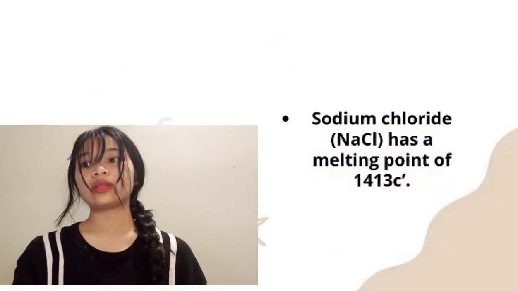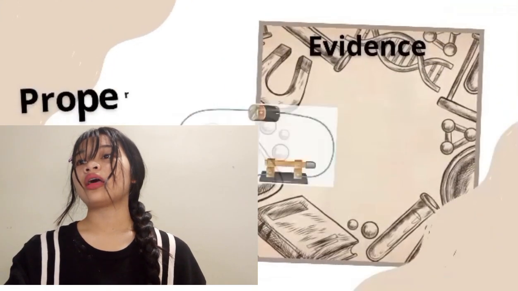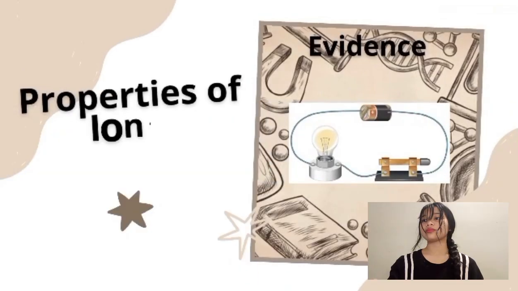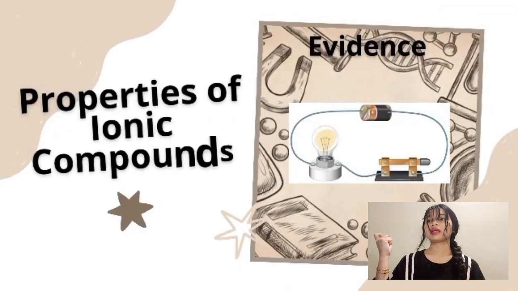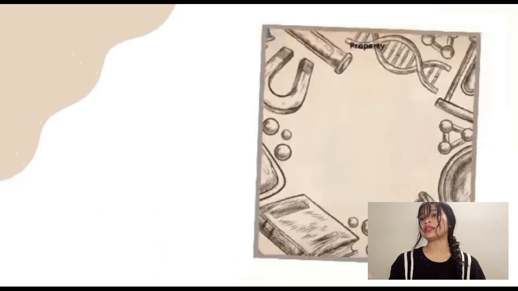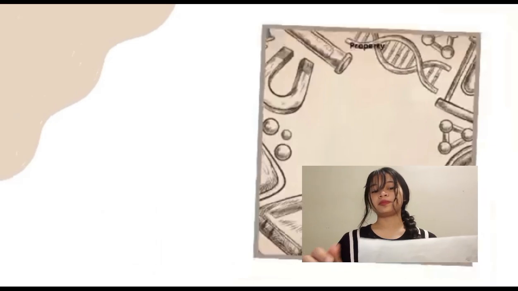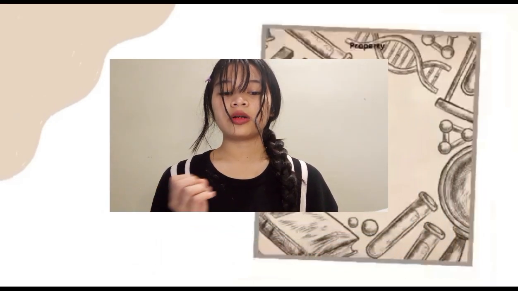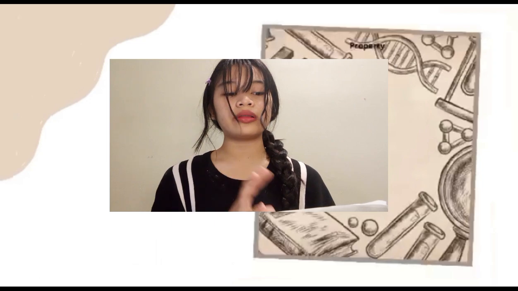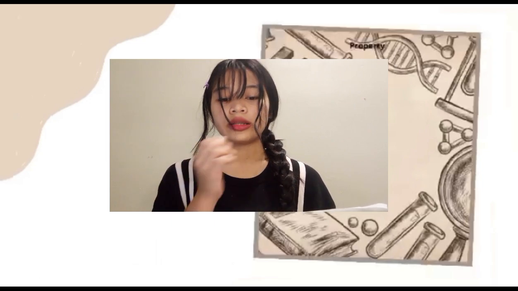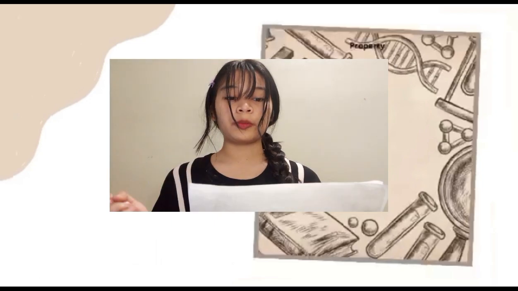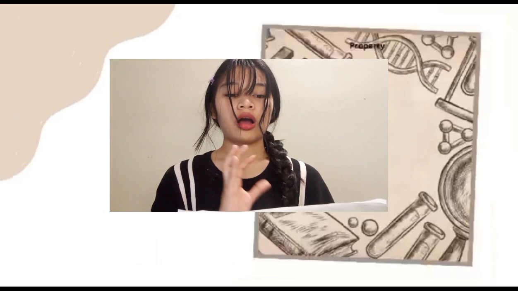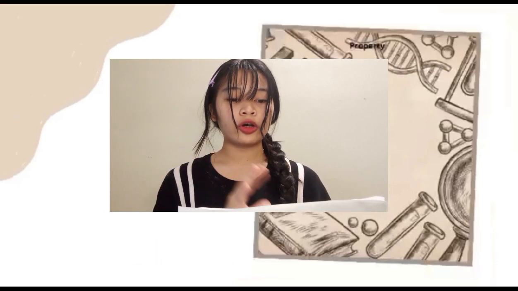And for conducting electricity, the evidence is this image. Solid ionic compounds generally do not conduct electricity because their constituent particles are bound by strong ionic bonds in the lattice.